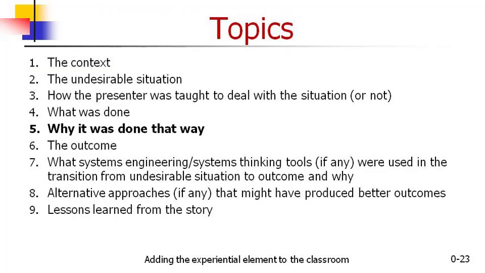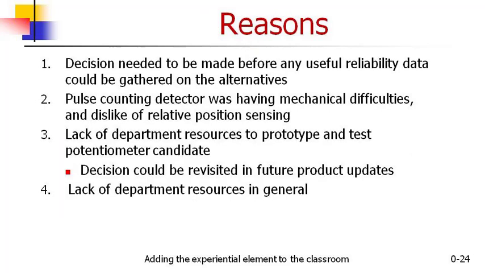Why was it done that way? Well, the decision needed to be made before any useful reliability data could be gathered on the alternatives. The pulse counting detector was having mechanical difficulties, and I really didn't like relative position sensing. We didn't have any resources in the department to prototype and test the potentiometer candidate, even if we could do accelerated aging.